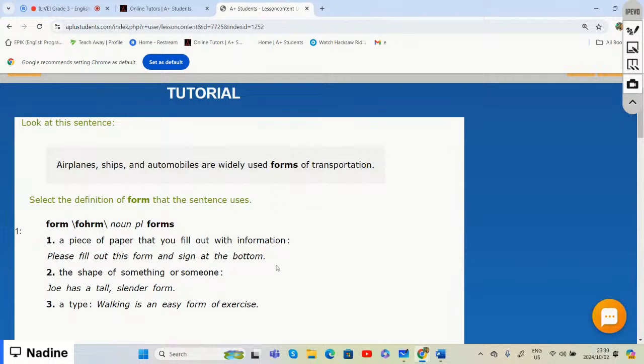All right, and if we look at this word, here we have our entry word, which is form. We have a pronunciation of how we say form, it's a noun. The plural of form is one form, more than one form is forms. Okay, the first definition is a piece of paper that you fill out with information.